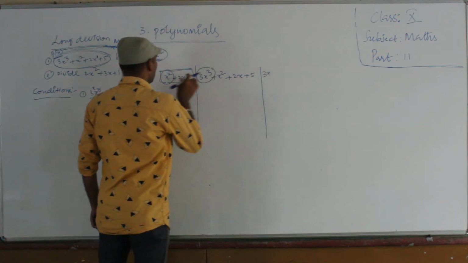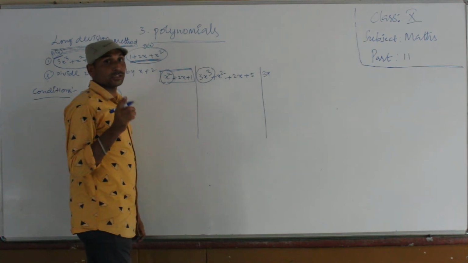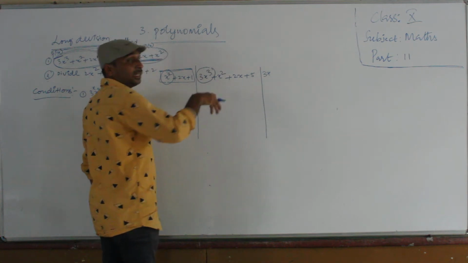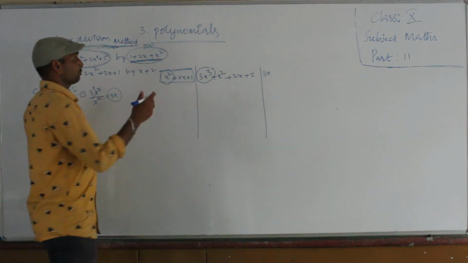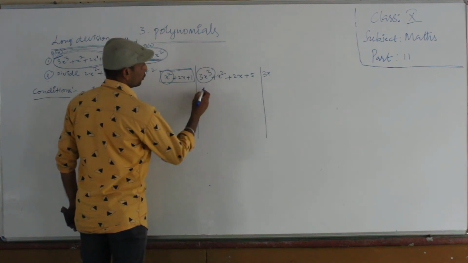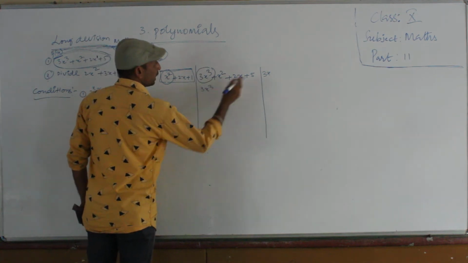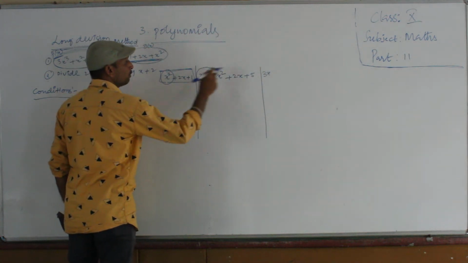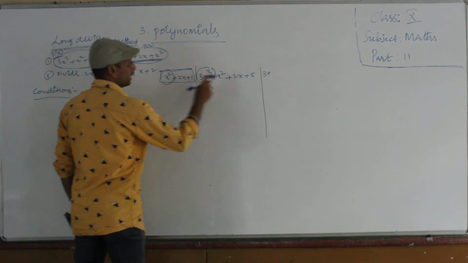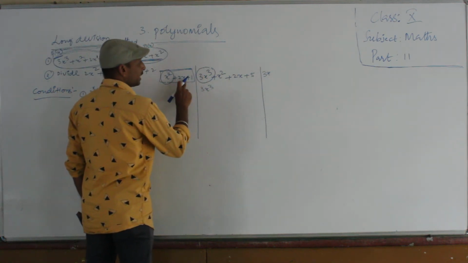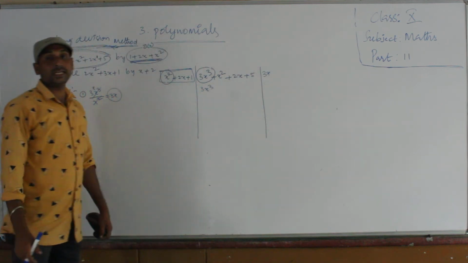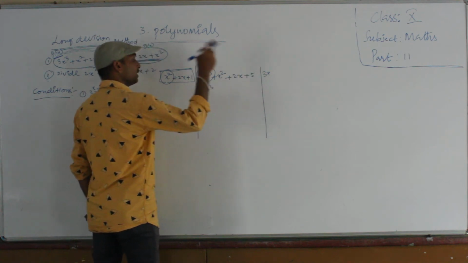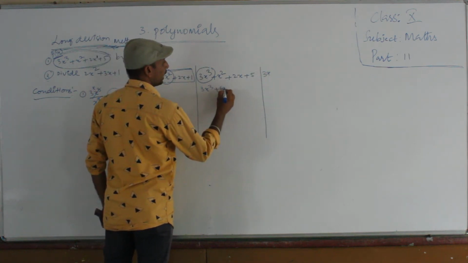So 3x into x square is 3x cube, which we write in the place of the x cube term in the dividend. Then 3x into 2x: the symbols are also very important, plus into plus is plus. 3 twos are 6, x into x square, so 6x square.